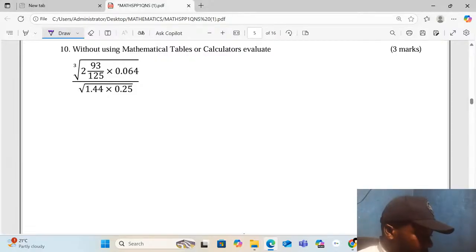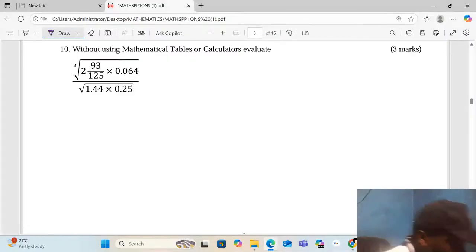Then you divide by the square root of 1.44 times 0.25.